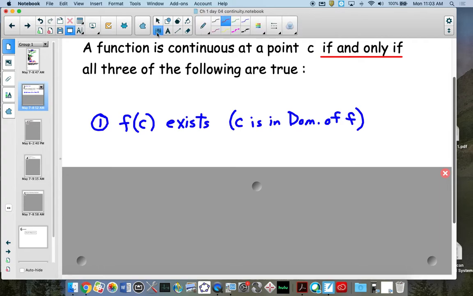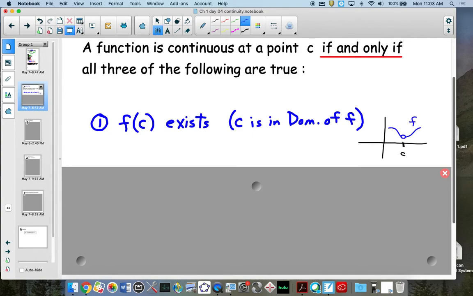Let me give you an example where that would not work. Here's x equals c, and let's say our function f looks something like that. Obviously this function is not continuous at c because f of c does not exist.